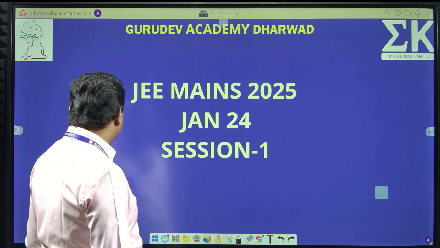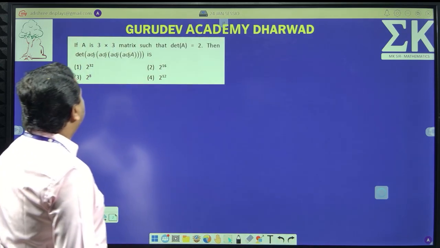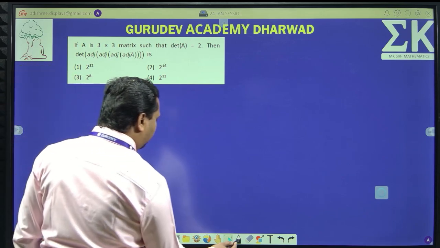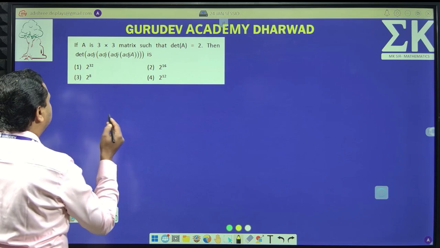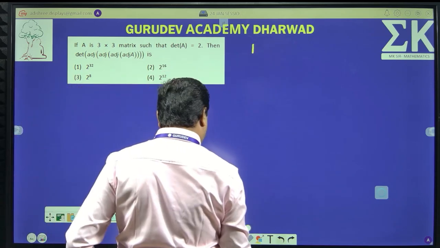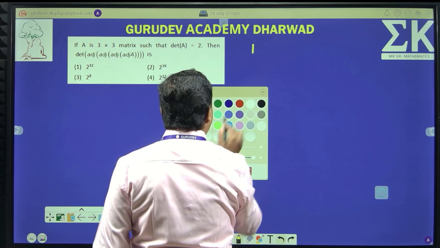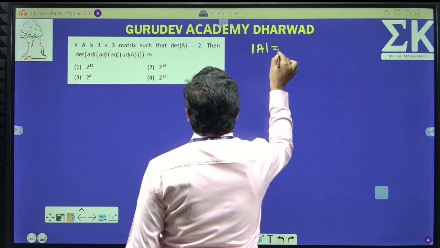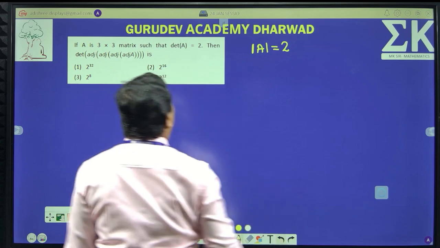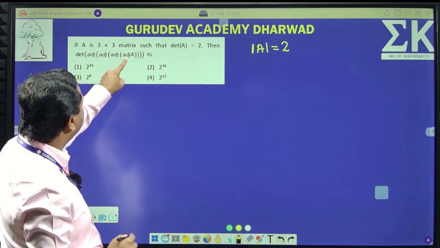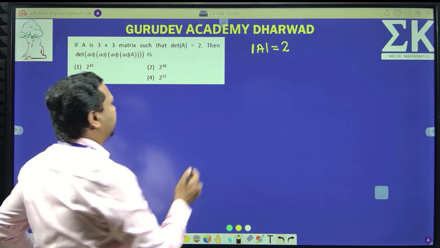The first question given was: if A is a 3 cross 3 matrix such that determinant of A is equal to 2, then what is the determinant of adjoint of adjoint of adjoint of adjoint of A? Total how many adjoints? 4 adjoints, isn't it?